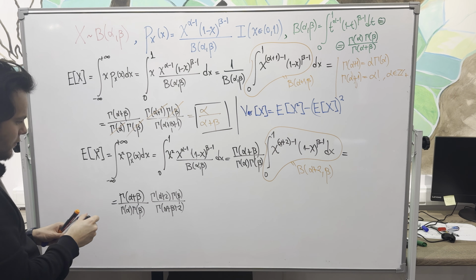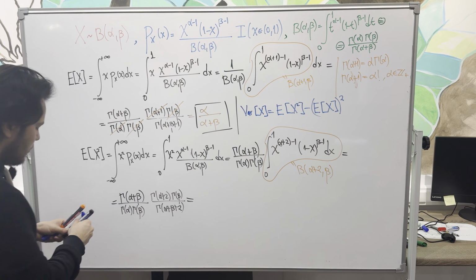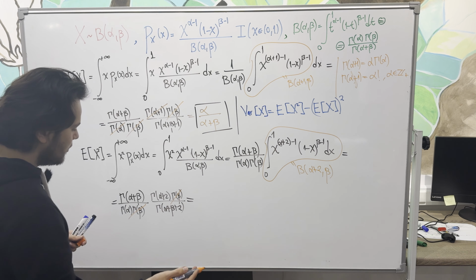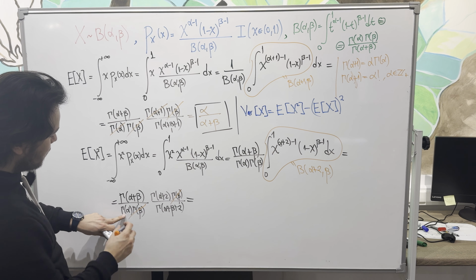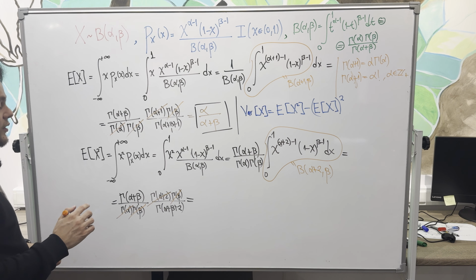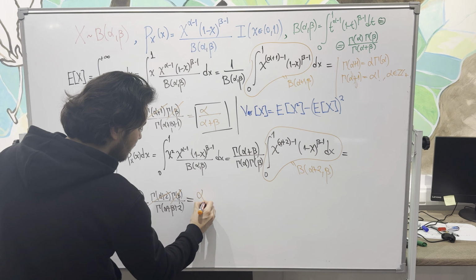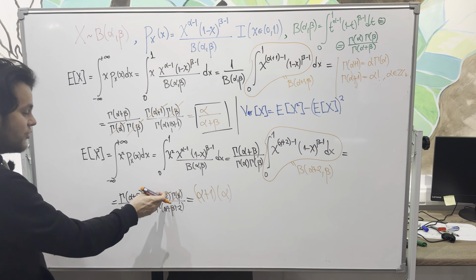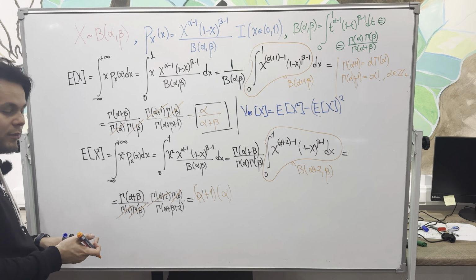So what can we cancel here? First, we can cancel the gamma function of beta. Then we can cancel this gamma function of alpha with this, but then we'll have alpha plus 1 times alpha. This is what we get when we cancel these two gamma functions.